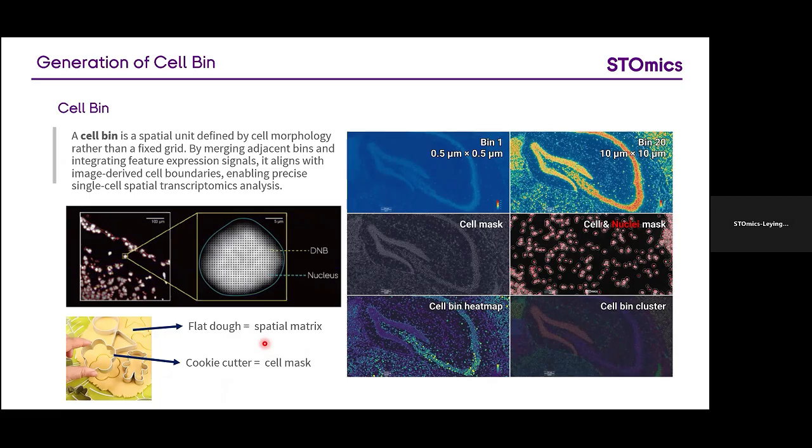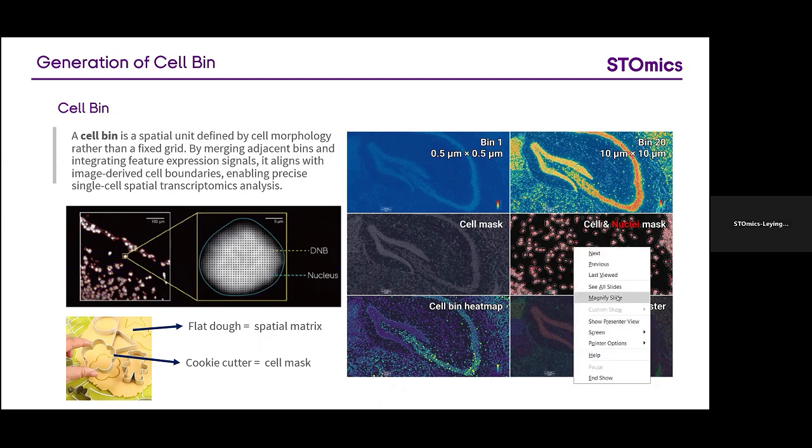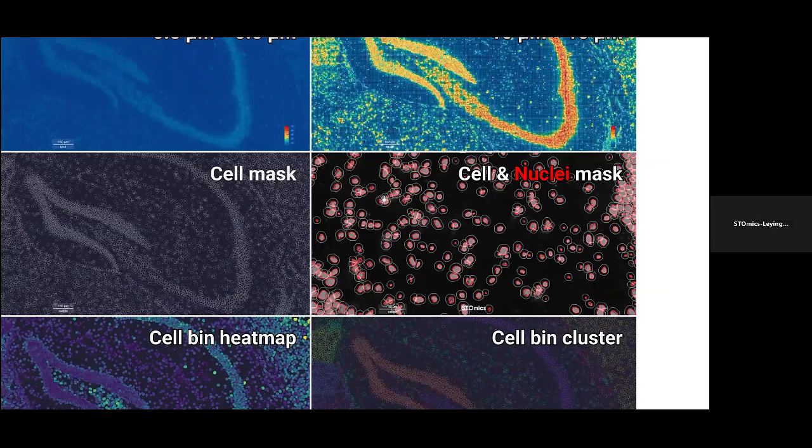In our Stereo-seq workflow, the cell region is expanded by approximately 10 micrometers to capture relevant transcriptomic signals while preserving precise cell locations. As shown here, the red circles are the nuclei mask, and the white lines are the expanded cell mask.